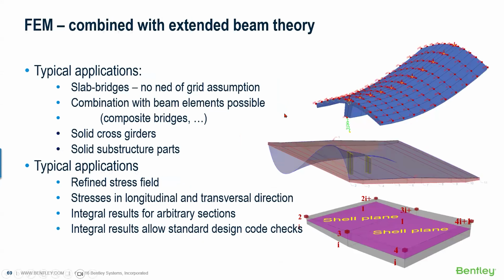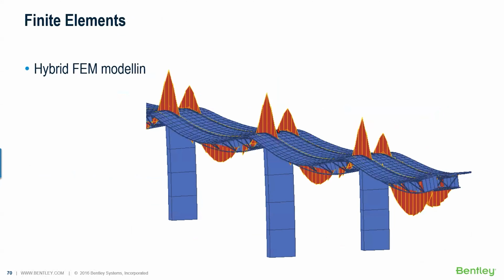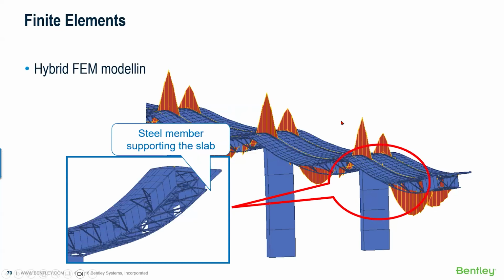And in that case, the software will automatically transfer the beams to the different plates, so making this very easy to handle. And also we can have a mix of them. So typically for that kind of bridge, we saw with the concrete deck and steel frames under it, we have the steel frames represented in beams and the deck in plates.